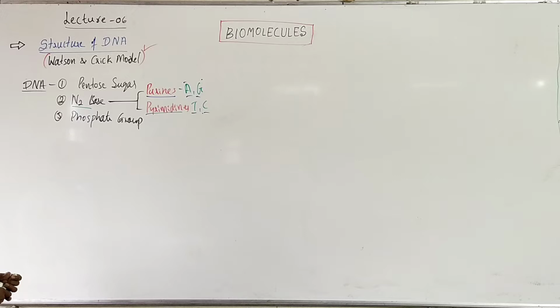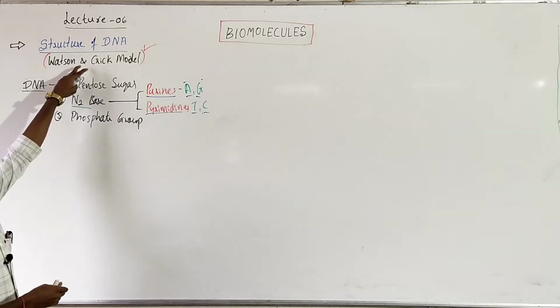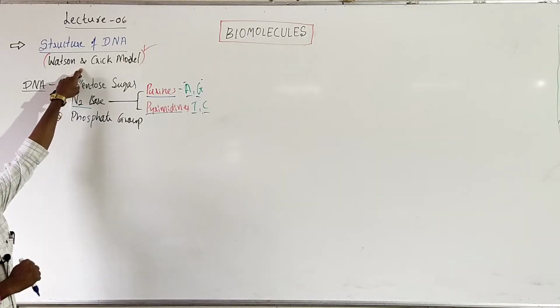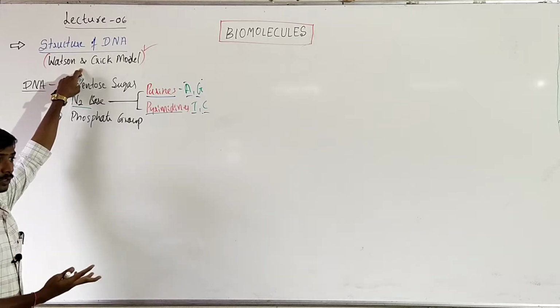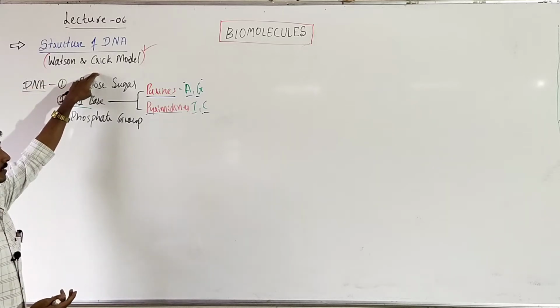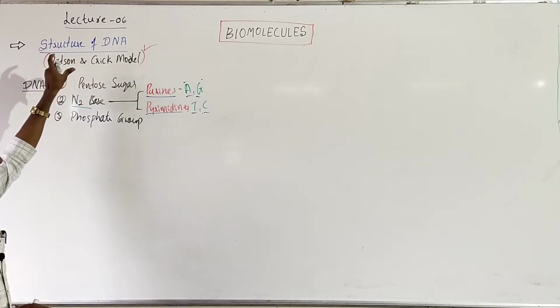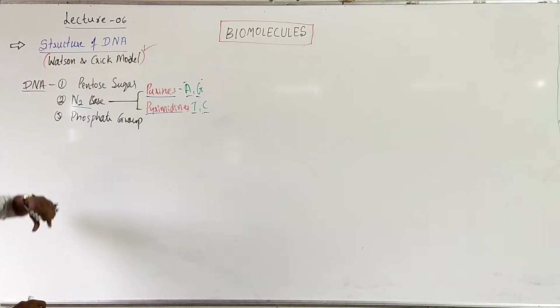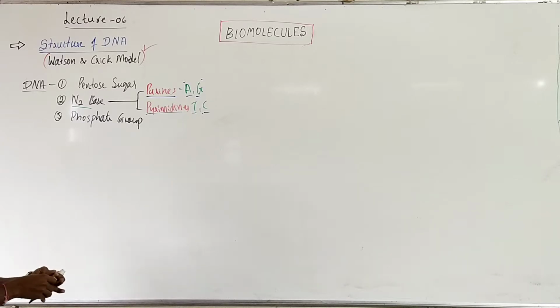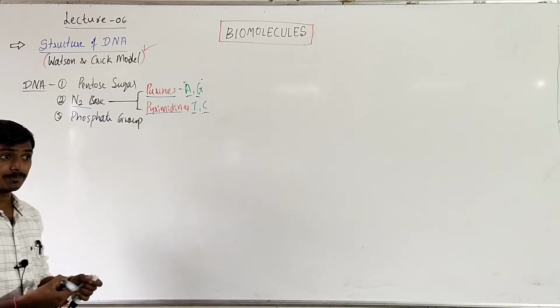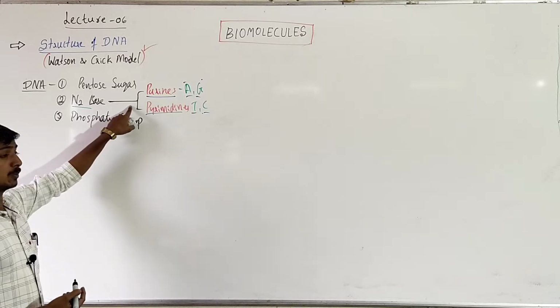But here, for the study of the structure of DNA, the model proposed by J.D. Watson and F.H. Crick, they have taken as the basis the work of another scientist who made some 4 to 5 postulates on the arrangement of these purines and pyrimidines.